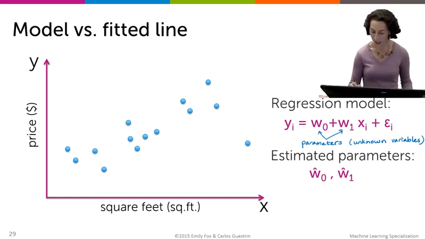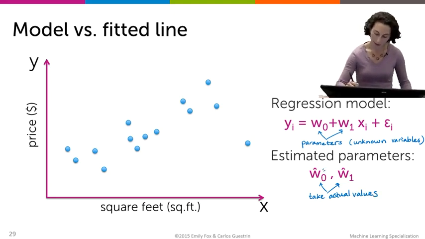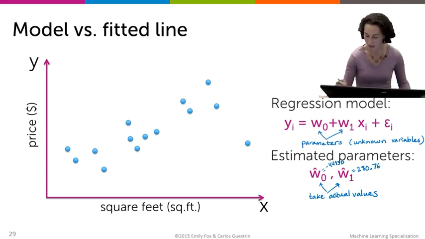And so that's what W hat represents. These are our estimated parameters, and these take actual values. So for example, maybe our intercept is minus 44,850, and our slope is 280.76.